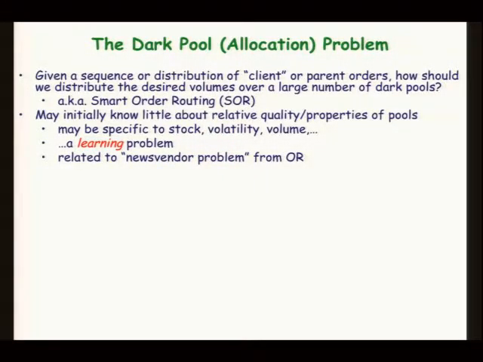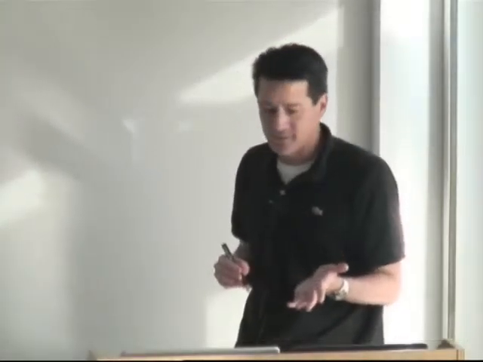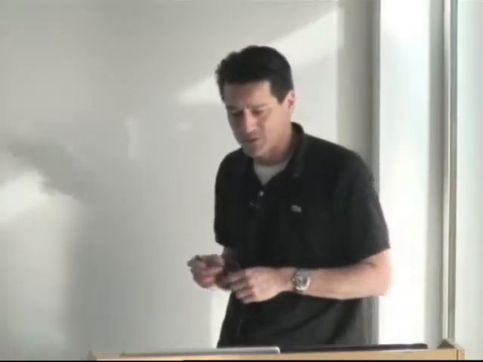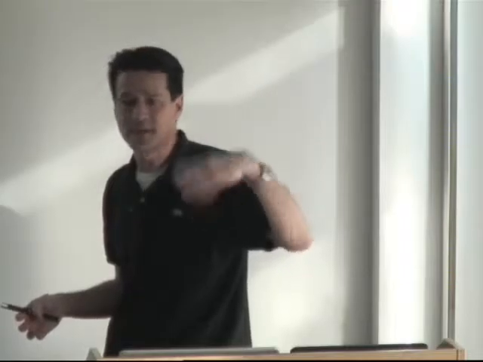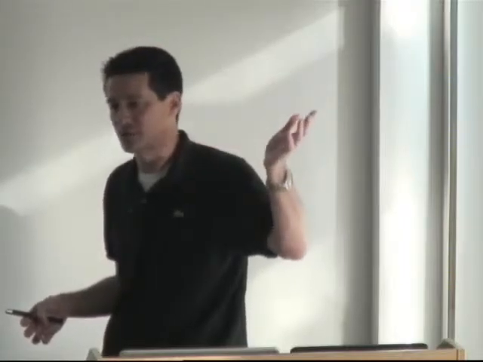So now let me move to a little bit of formalization here and define a specific algorithmic problem that I'm going to then describe a solution to. So imagine that we're some brokerage that wants to implement an algorithm that will take incoming orders from clients, maybe hedge funds, mutual funds, money managers, the like, and say, well, I'm going to take this order and send it to the dark pools, but here's how I'm going to break it up over these 40 different dark pools.